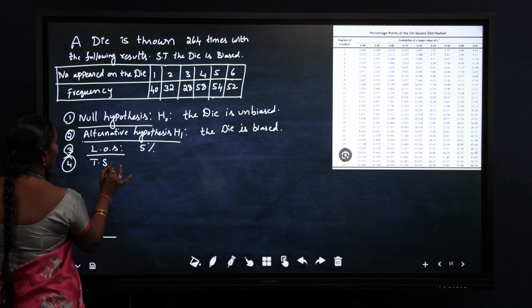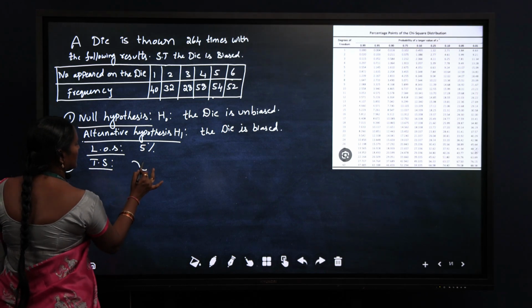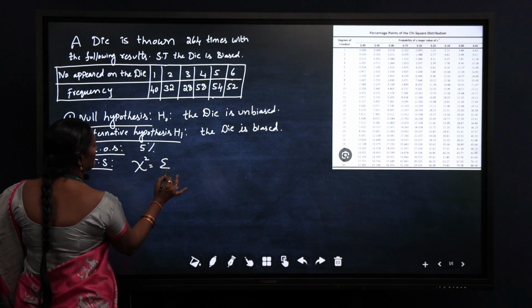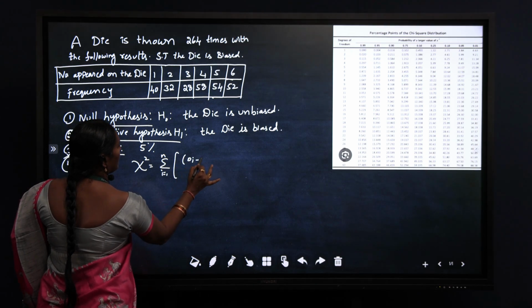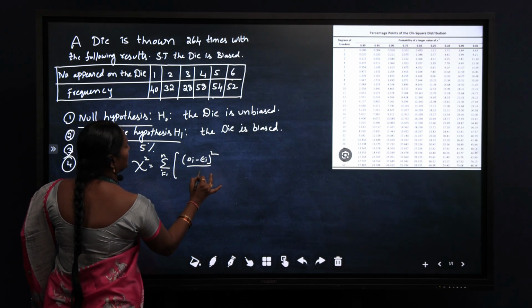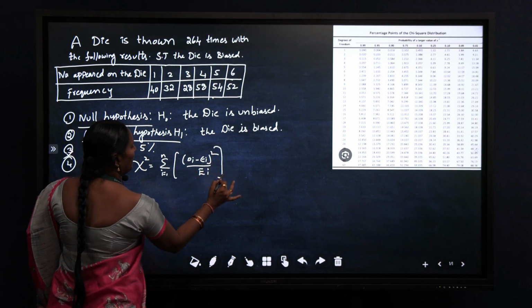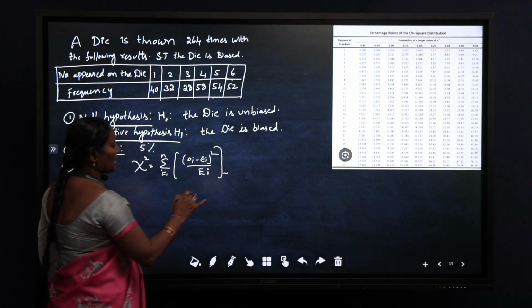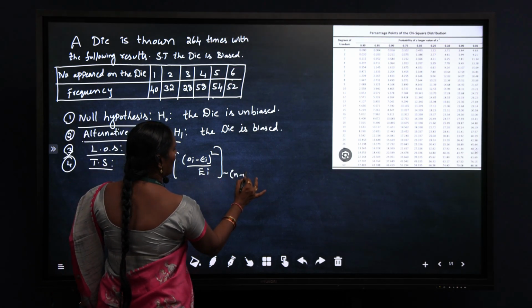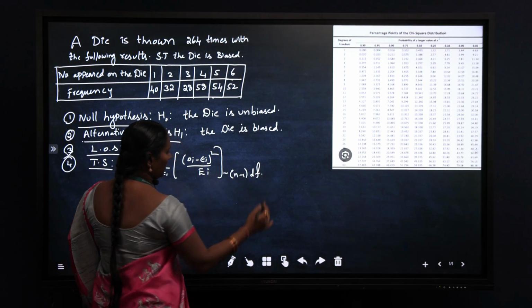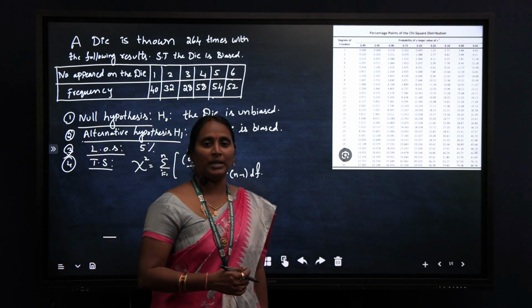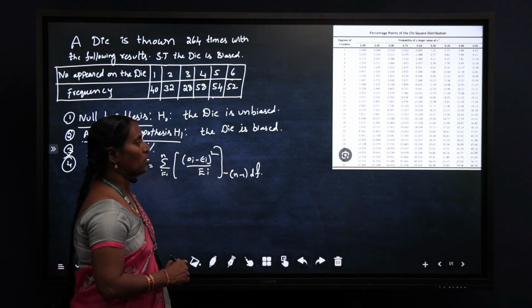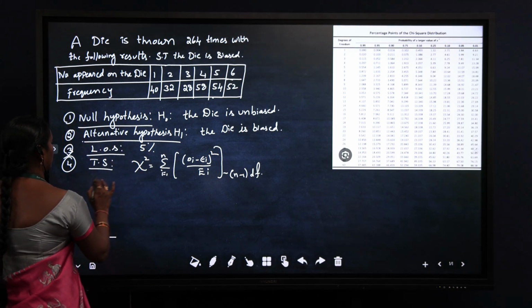The test statistic is defined by chi-square equals summation i from 1 to n of (Oi minus Ei) whole square by Ei. It follows the chi-square distribution with n minus 1 degrees of freedom, which is the number of independent variates that make up the statistic. This is what we call the degrees of freedom.